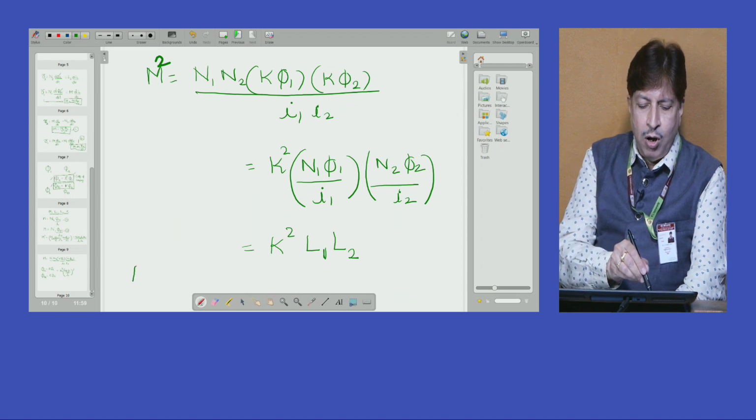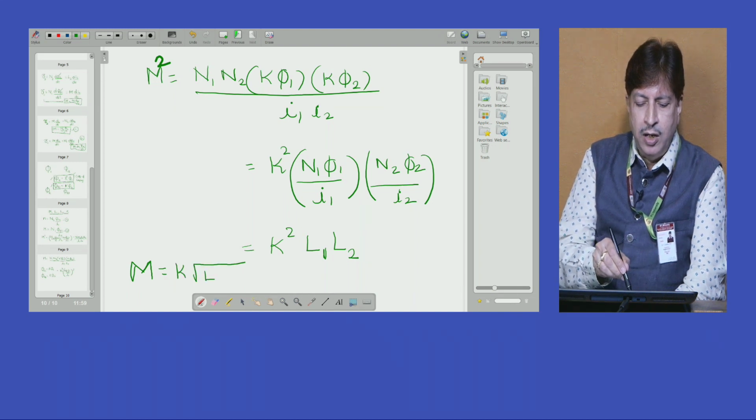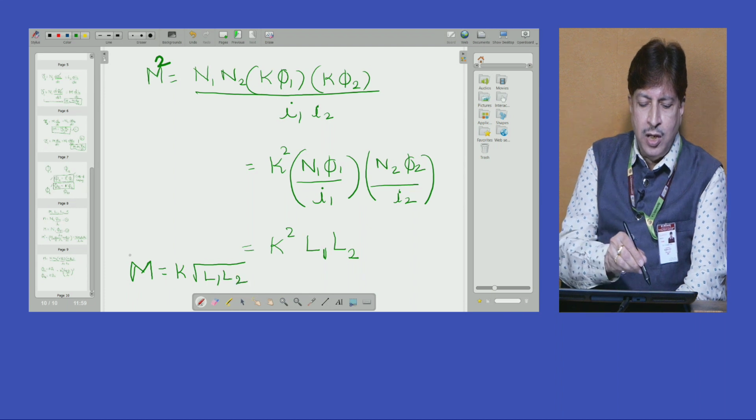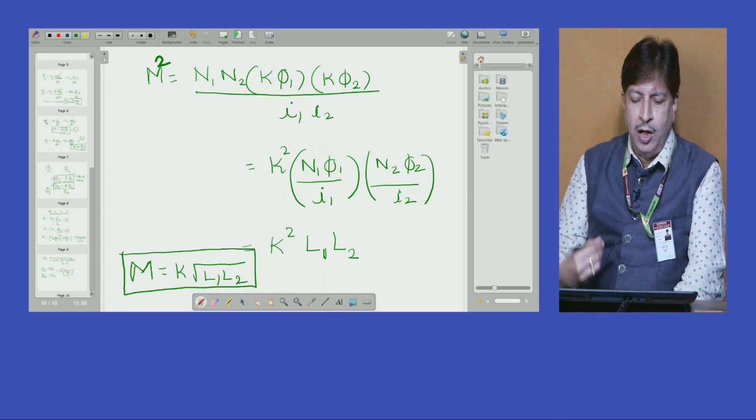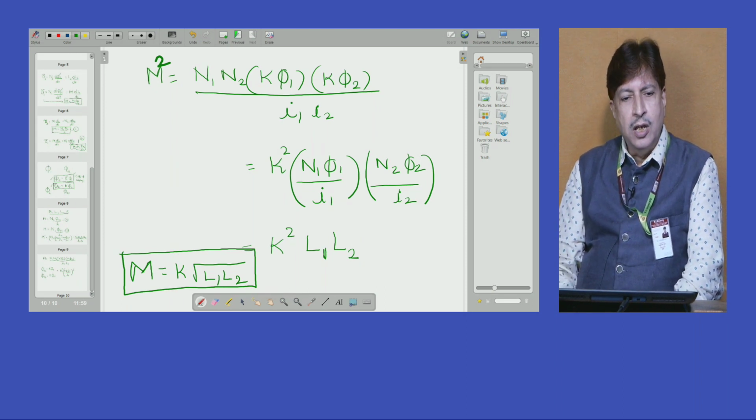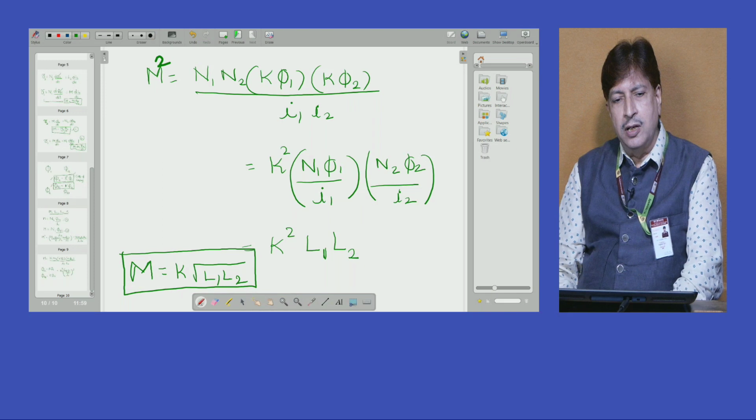So we got the relationship among M, K, L1, L2 as M is equal to K root L1 L2. This is a useful relationship which we will be effectively utilizing whenever we are analyzing any coupled circuit. M is equal to K root L1 L2.